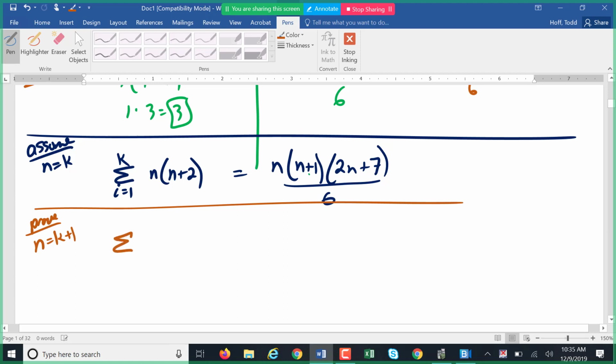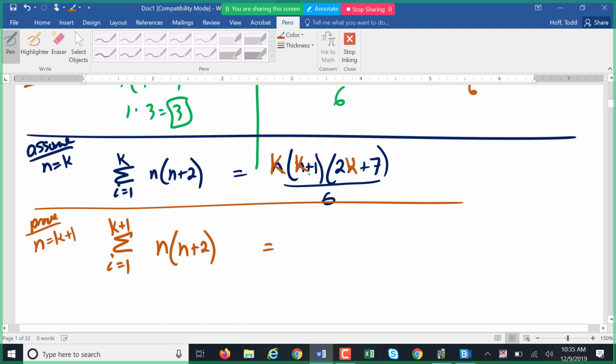So that's saying the summation for i equals 1 to k plus 1 of i times i plus 2 is equal to, on the right side, of course up here we should have substituted in k for n in each of those because it is for k.